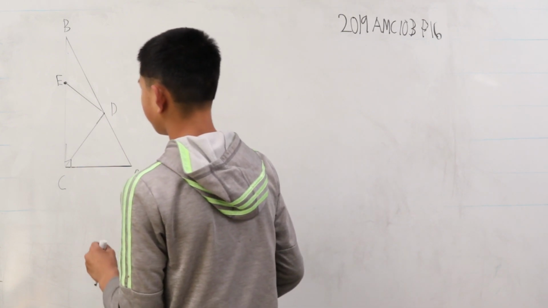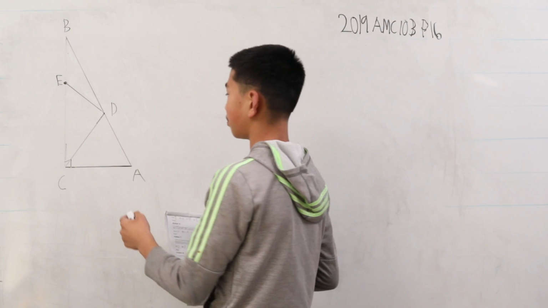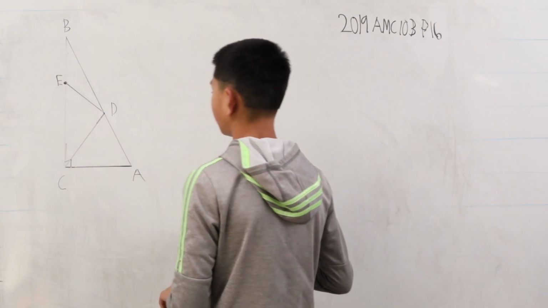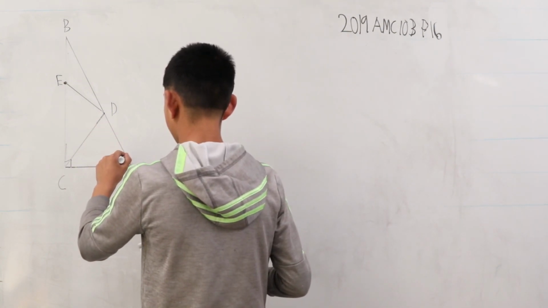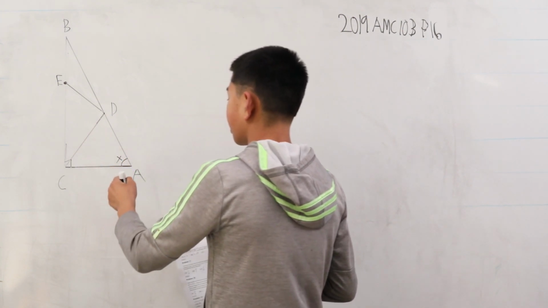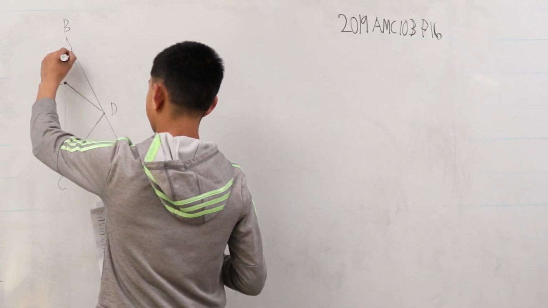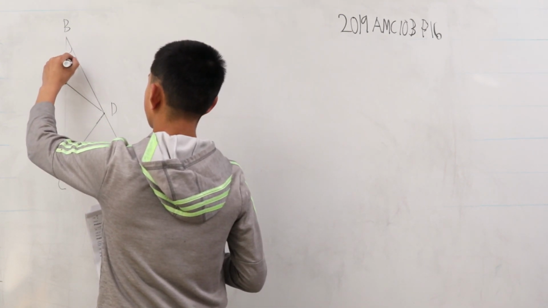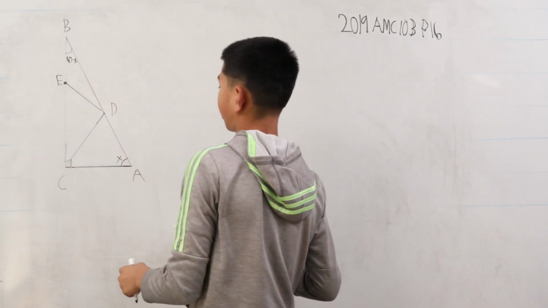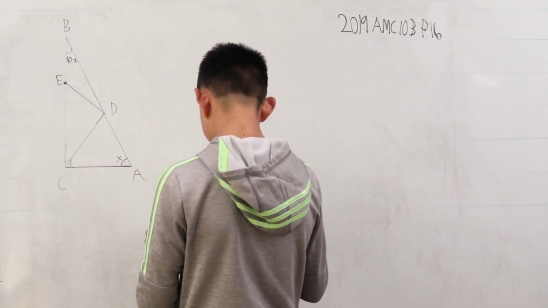I have a bit of a hunch that this might be a right angle, but we need to prove it otherwise. So set this angle to be X. Since this is 90, then this has to be 90 minus X there. And well, how do we continue?